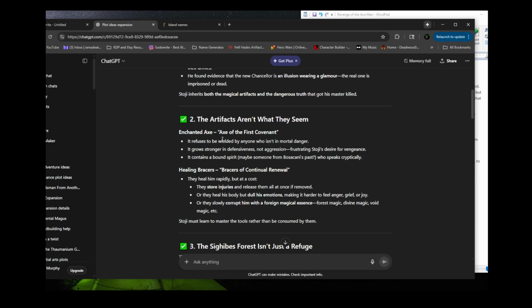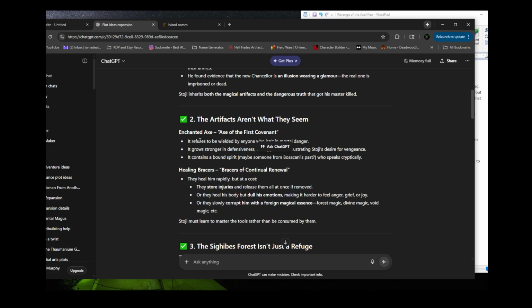I like it contains a bound spirit who speaks cryptically. I like that. I've always liked talking weapons. My book that I recently released, A Fistful of Fairy Tales, has a talking sword called Snarkblade in it. It is literally a snarky, sarcastic talking sword.